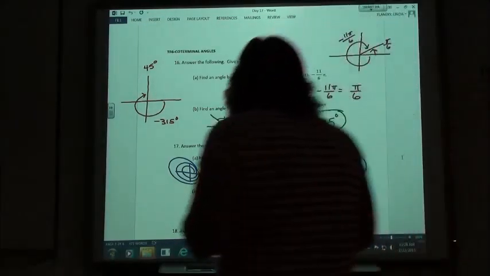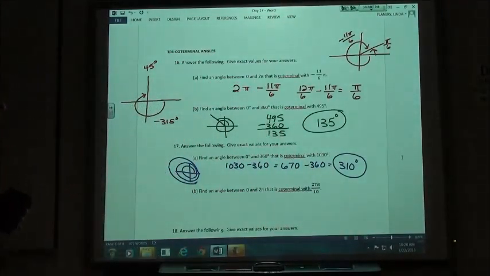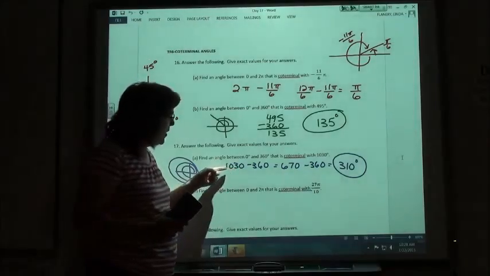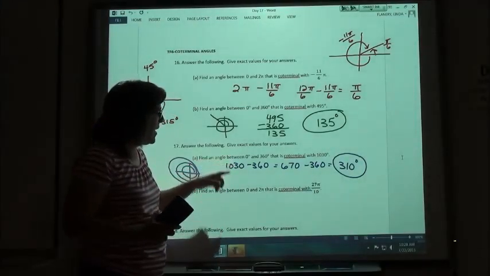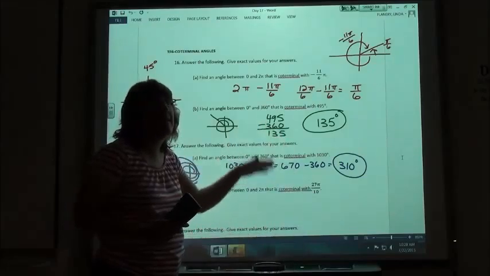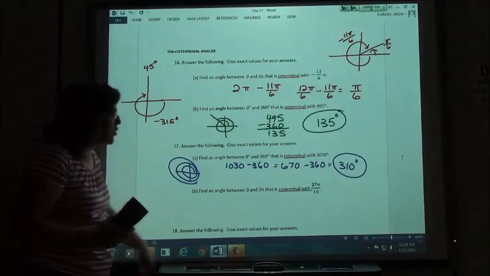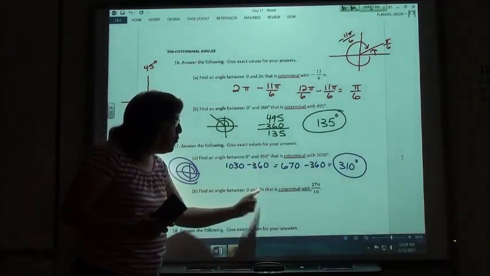So if I want to find the angle between 0 and 2 pi that's coterminal with 27 pi over 10, it's kind of like this one here where I had 1030. I have to subtract 360 once around, subtract 360 until I get between what I want to be. Since I'm in radian measures, 360 is 2 pi.